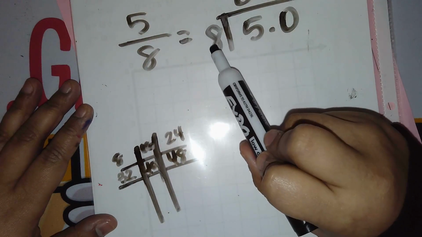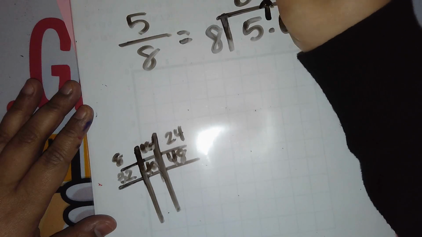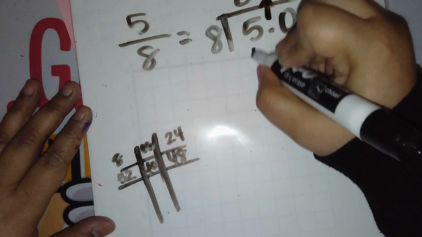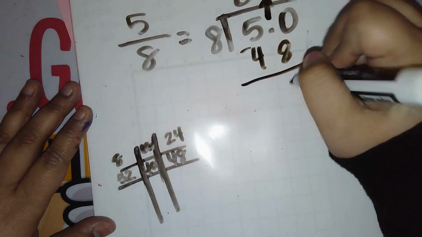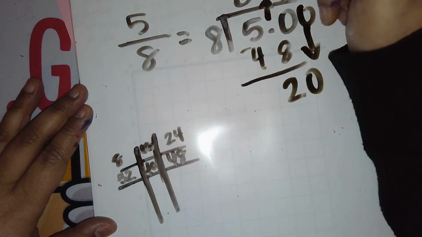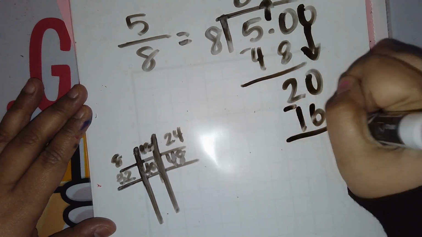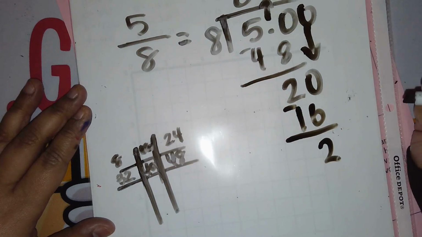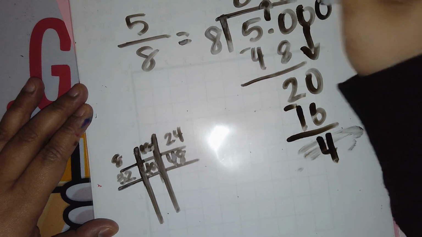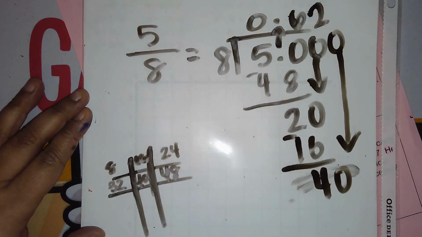So how many times does 8 go into 50? 6 times. How many times does 8 go into 20? 2 times. Again, you want to do this until you zero out. How many times does 8 go into 40?